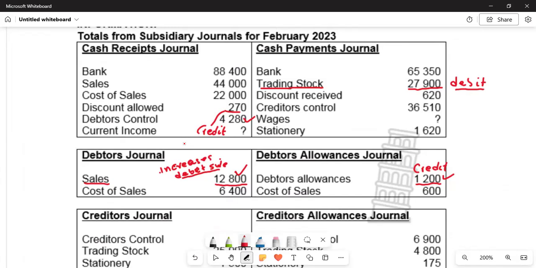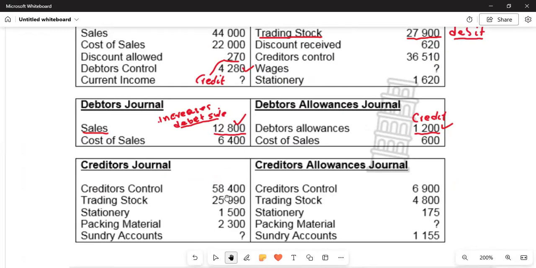So if you can see here is our trading stock from our creditors journal, CJ of 25,990. So that is stock that is purchased on credit.